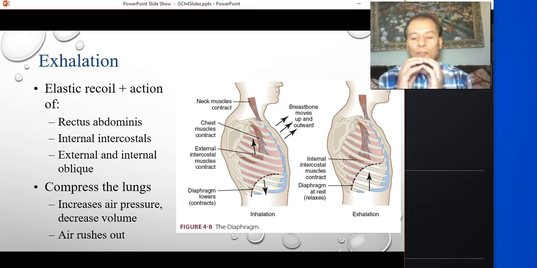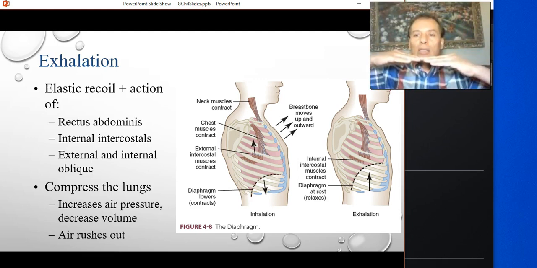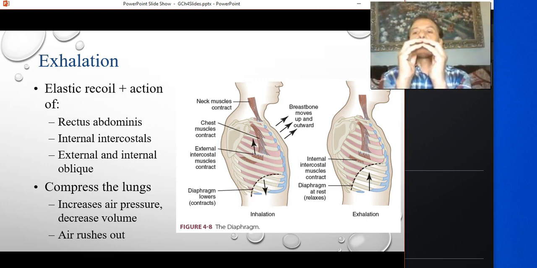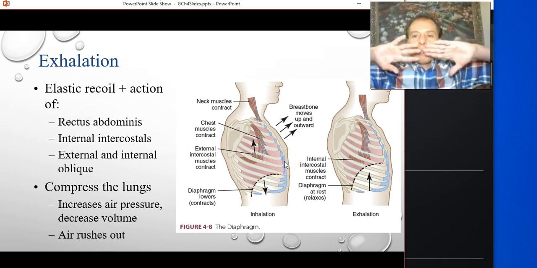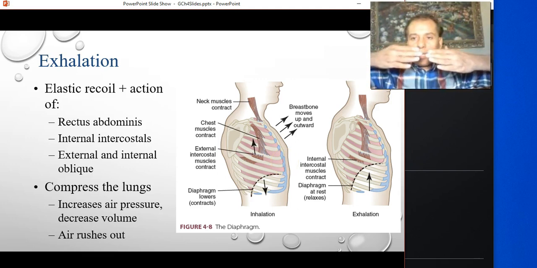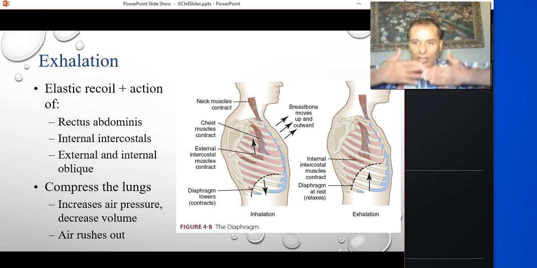Now also, when the diaphragm is contracted like this, elastic recoil is going to make it bounce back up again to rise like this, which compresses the lungs again. Elastic recoil is going to make the internal intercostal muscles bounce back in and down to bring the thorax back in and down again.